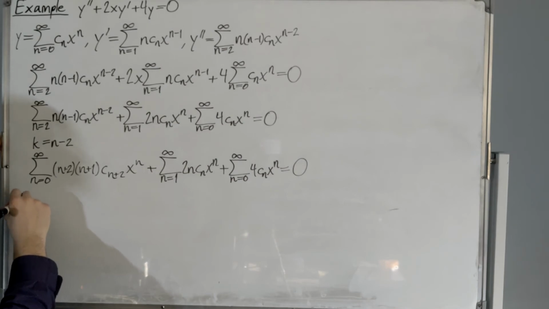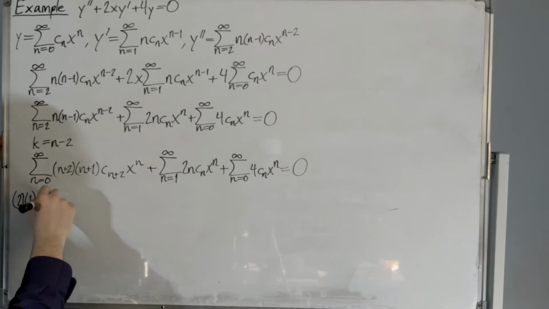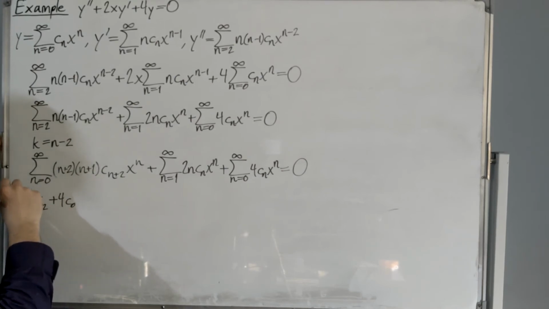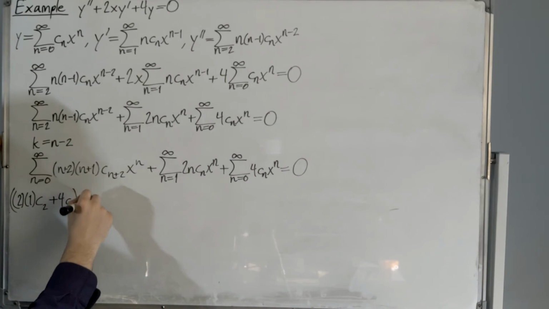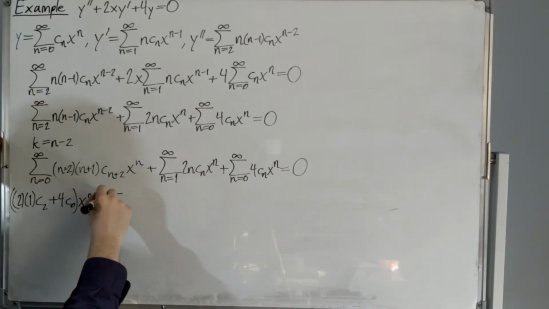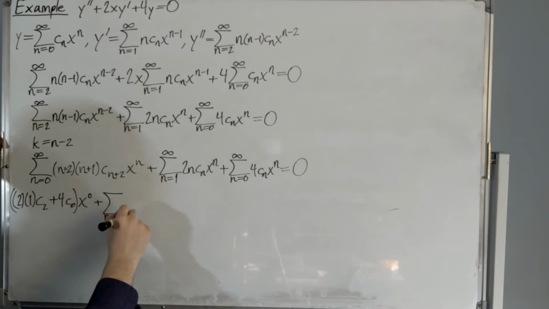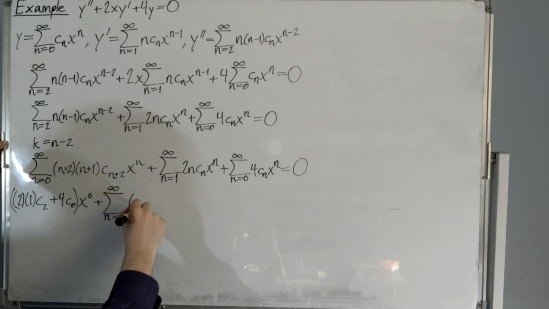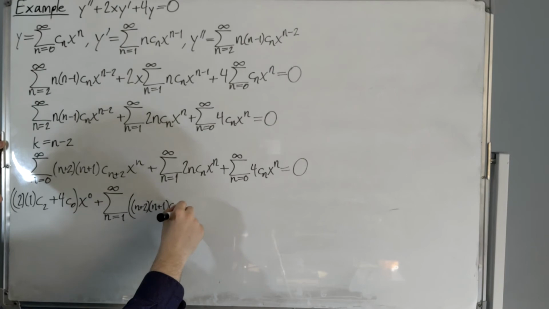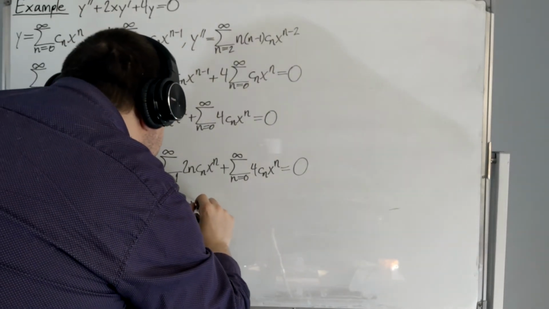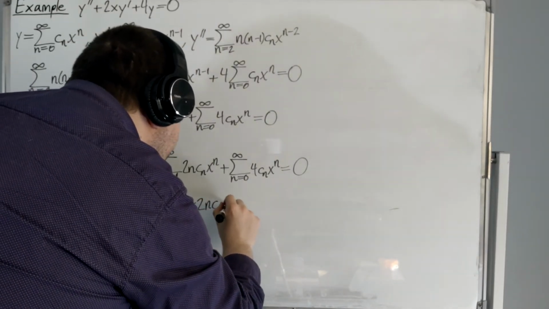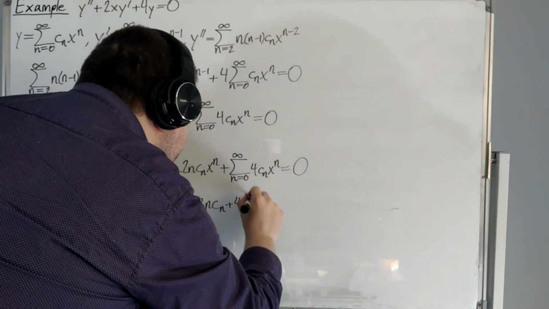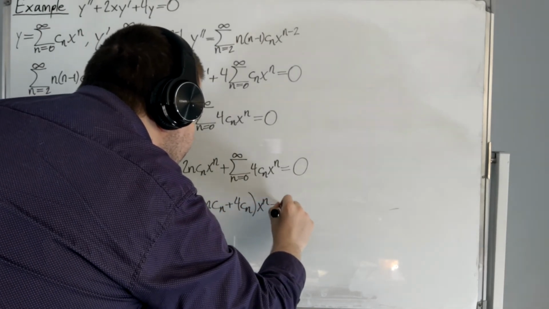This will become 2 times 1 times c2 x to the 0 plus 4c0 x to the 0. And then the rest of this we can combine. So n equals 1 to infinity, n plus 2, n plus 1, c n plus 2, plus 2n cn plus 4 cn, x to the n equals 0.